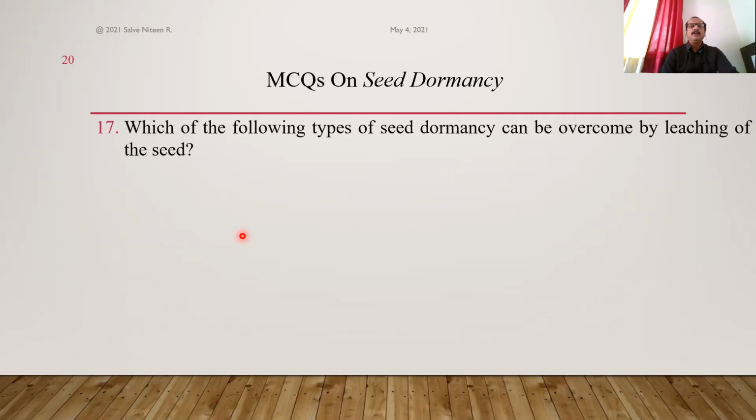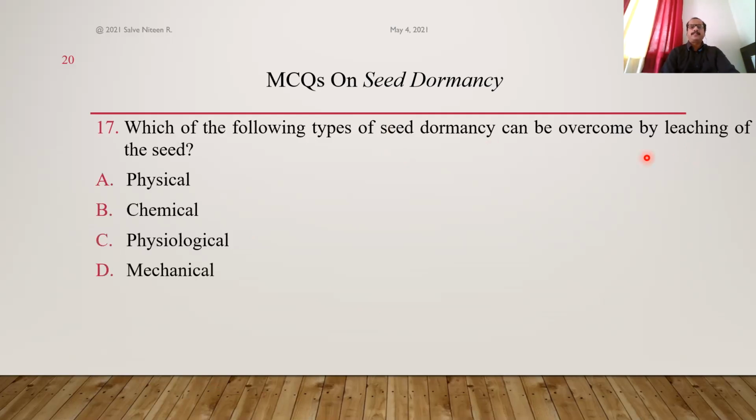Which of the following types of seed dormancy can be overcome by leaching? Leaching is an important process. Chemical dormancy can be overcome by the leaching method. Leaching involves just soaking or washing your seeds in water.